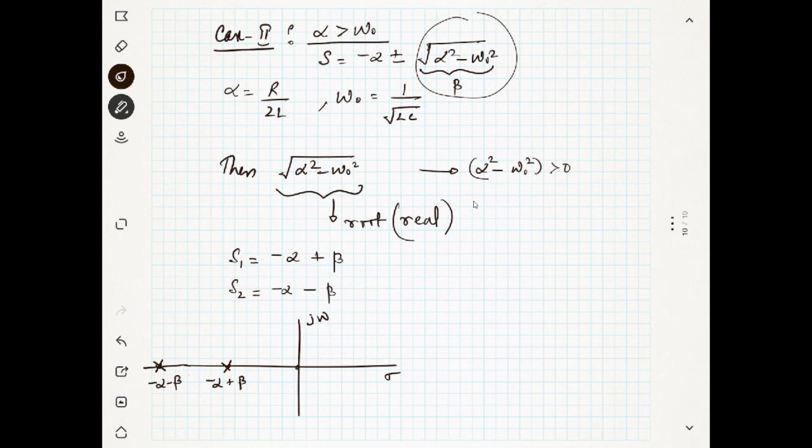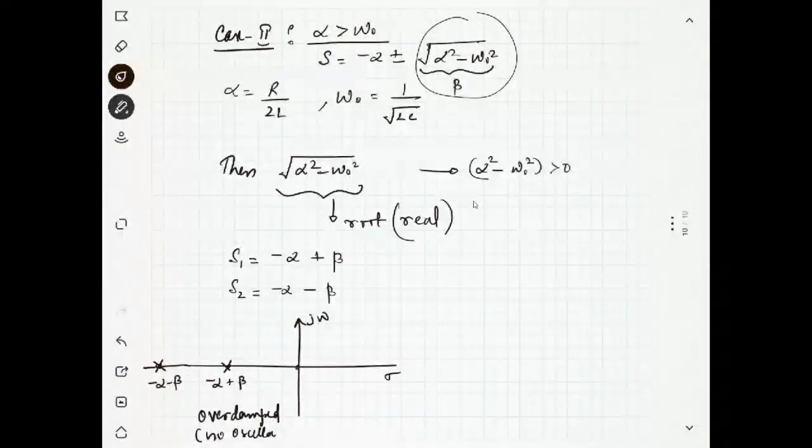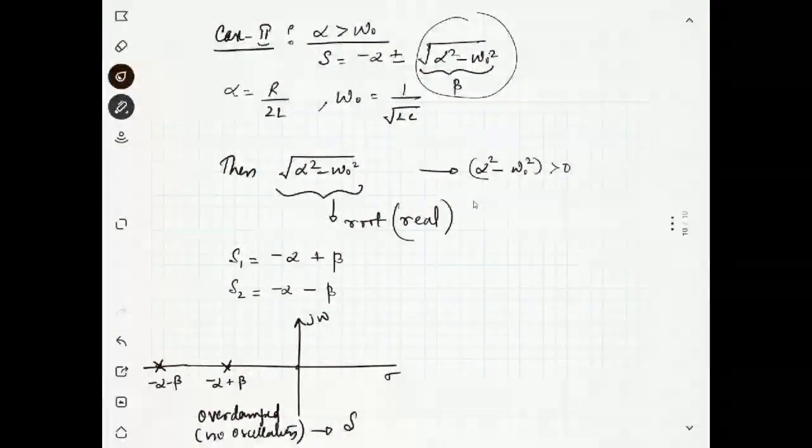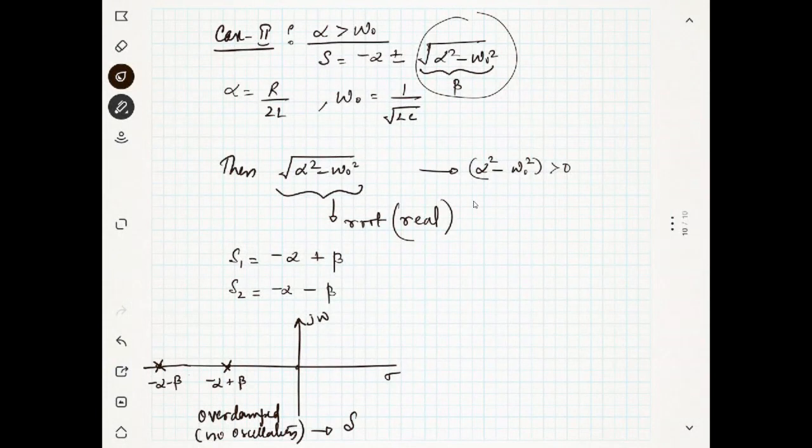This kind of system is an overdamped system. As I told you, there is no omega term in this, so no oscillation, right? That means this system has a damping factor greater than 1, since overdamped means greater than 1.